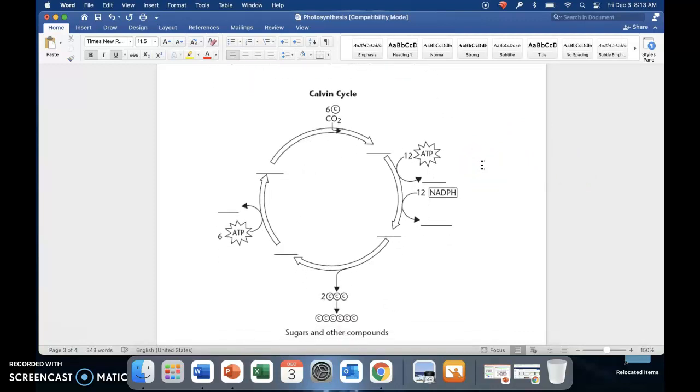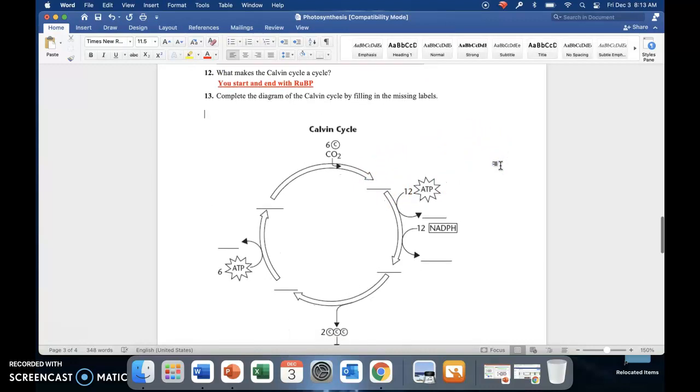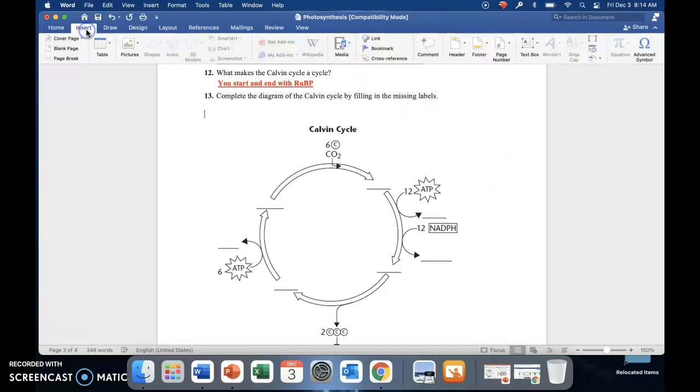In these particular blanks, I know it was a little confusing for some. I had some questions asked of me, and you had to insert some boxes here. What it was wanting you to do is count the carbons that come through here. So let me insert a text box here.